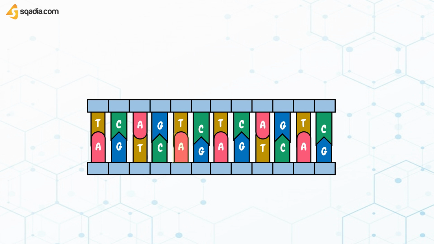If there are 6 cytosines, there will be 6 guanines. Moving to the cluster rule.